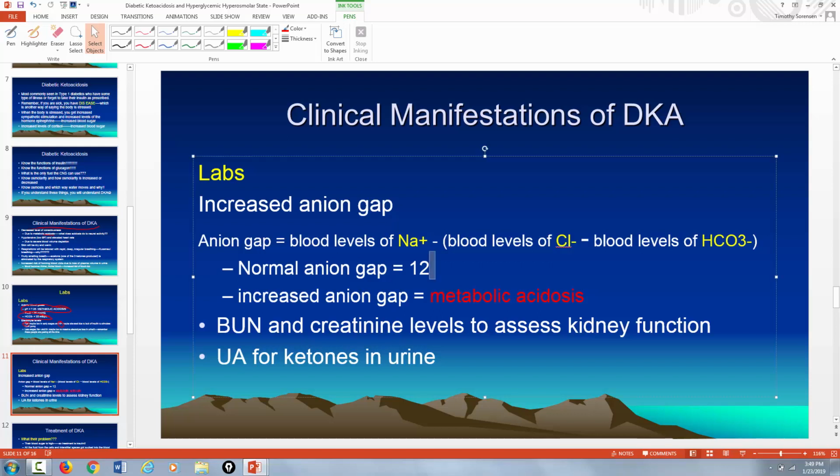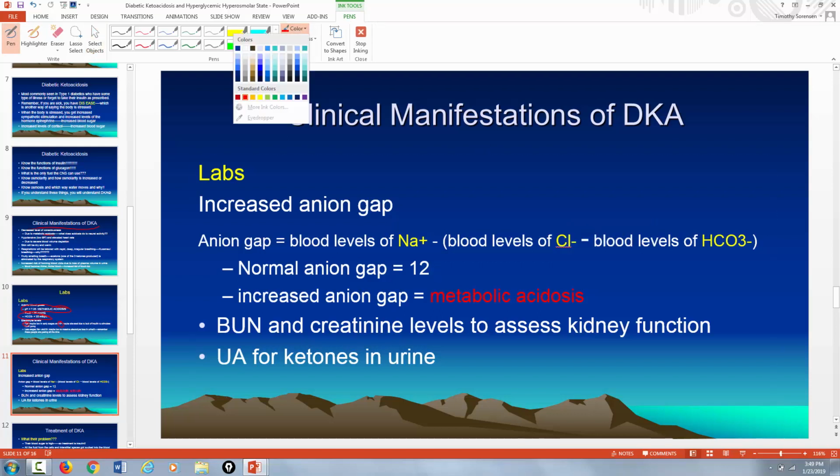And how you calculate that is by taking the blood level of sodium minus the blood levels of chloride and the blood levels of bicarbonate.